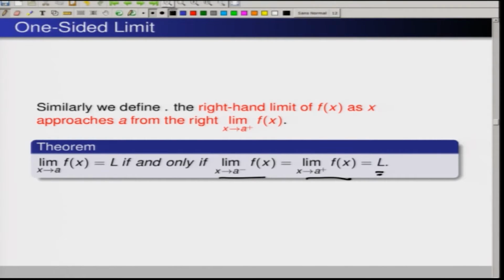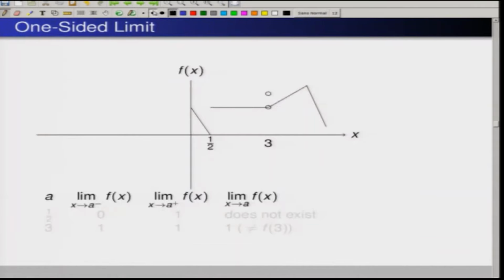Now, let us see this function. It is defined so that f of x takes the value 1 at 1/2, and it takes the value 1 on the interval 0 to 3.